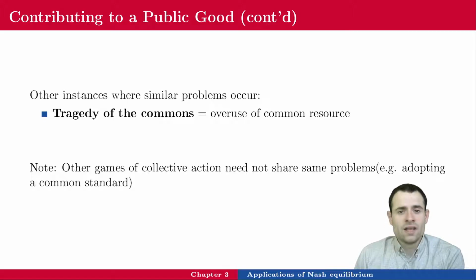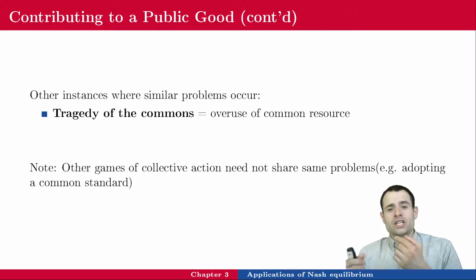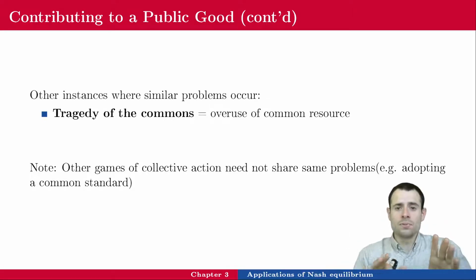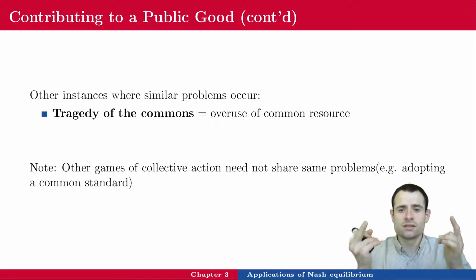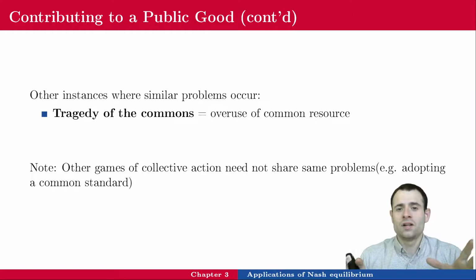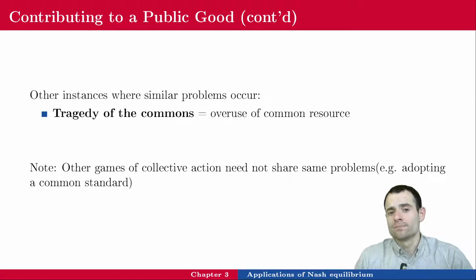Farmers might not take into account the impact of their sheep and their cows on other farmers' use of the grass. They might bring too many sheep, and if everybody does this, you're going to have an abundance of sheep and cows on the field, in fact, too many, and the land will be overused.